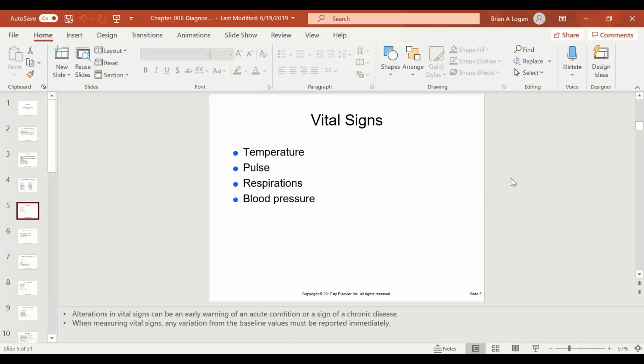So oral, axillary, rectal, and temporal. Yes. Your pulse and your normal temperature range is anywhere from about 96 degrees Fahrenheit, 95.7, I think it is, up to about 99, I think, 99.1.